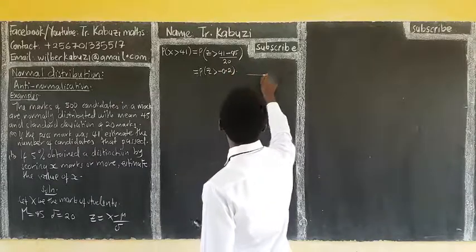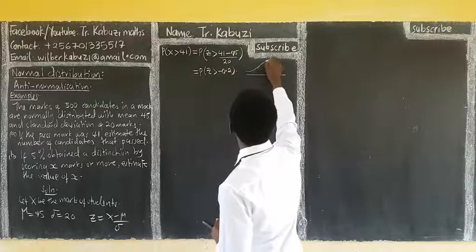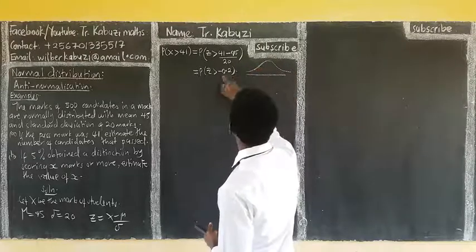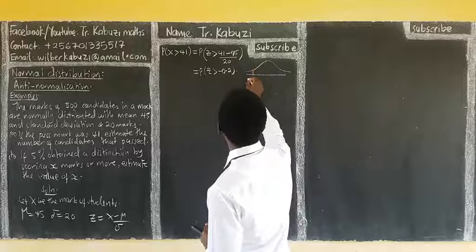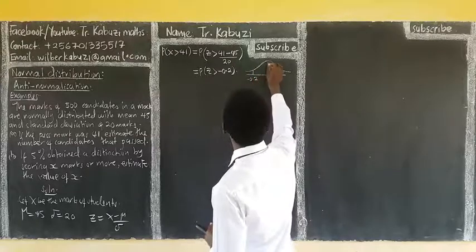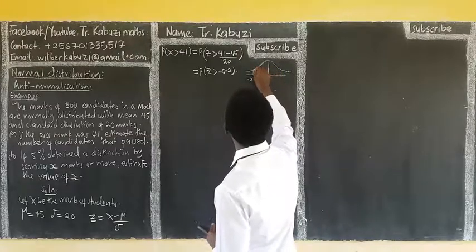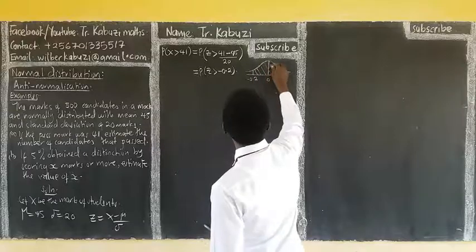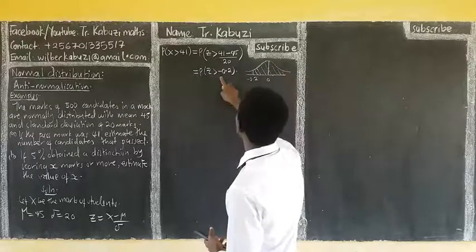Where is this going to be? You draw a simple sketch so that you can interpret it properly. You see z is here, negative 0.2. This is a standard normal with mean 0. We are looking for above this, so greater than this.